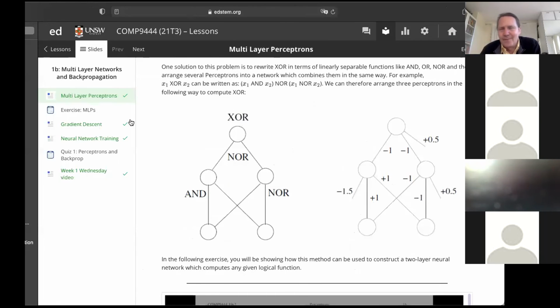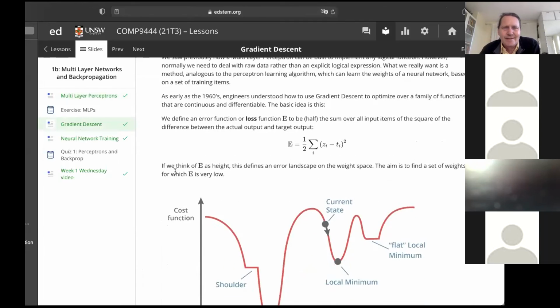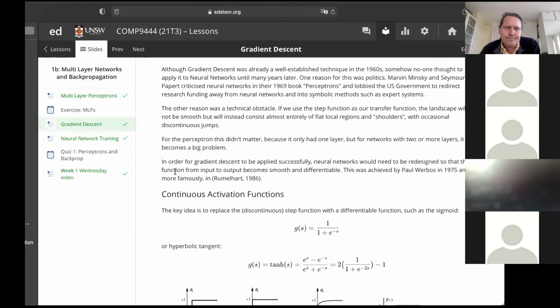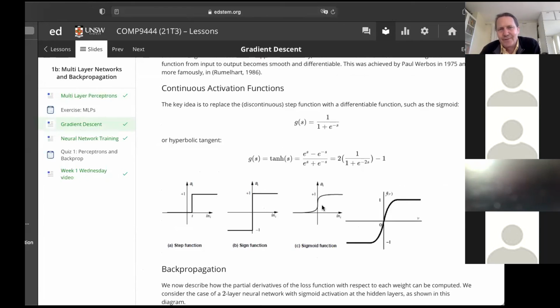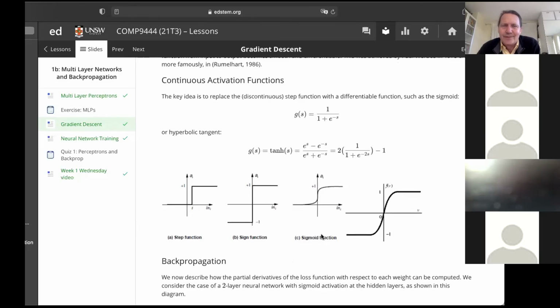But then when you replace this step function with a continuous activation function, that's when it really becomes a neural network. Well, they're all neural networks; neural network is just a general term, but some people still use the term multi-layer perceptron even in that situation. It's just historical terminology.